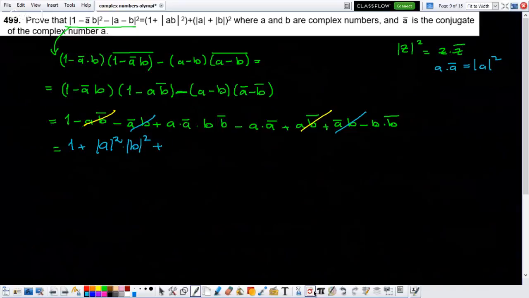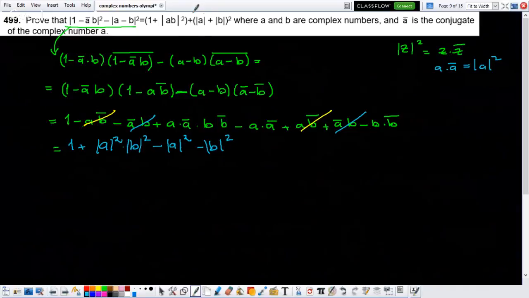Minus, sorry, minus |a| square minus |b| square.